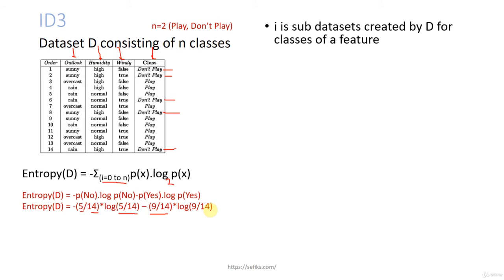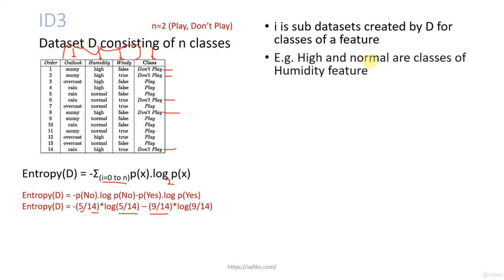Then we are going to separate the data set into sub data sets based on the classes. We are going to apply this logic for all features from outlook to windy. And suppose that our current feature is humidity, this column.